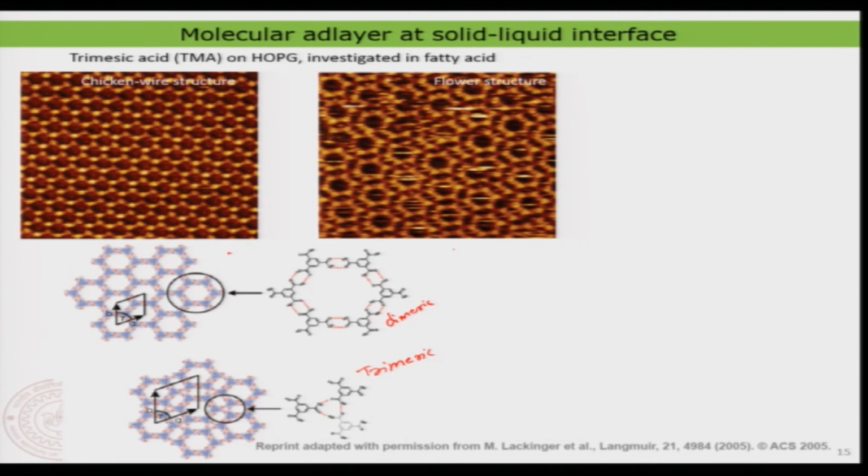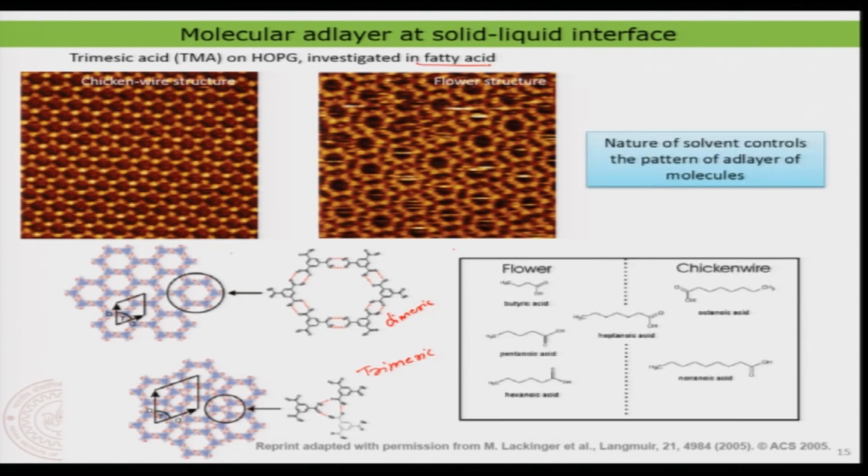But now, the interesting aspect I want to show you is that all this imaging is basically done inside a fatty acid. Now, depending on the type of fatty acid that you choose, if you choose really long chain fatty acids like octanoic acid or nonanoic acid, then you would find that the most favorable pattern is the chicken wire pattern.